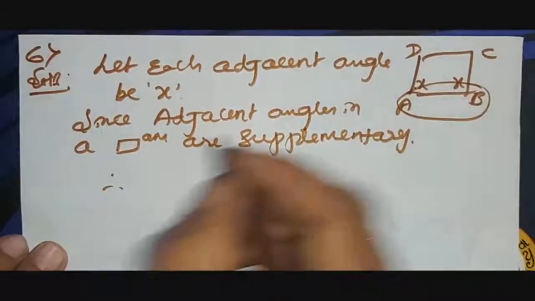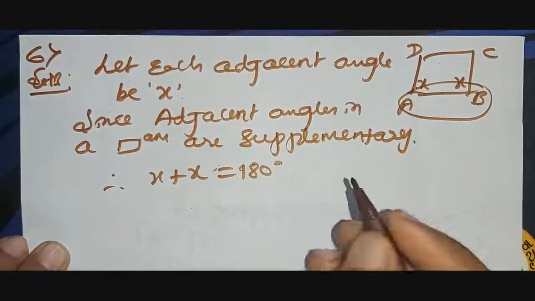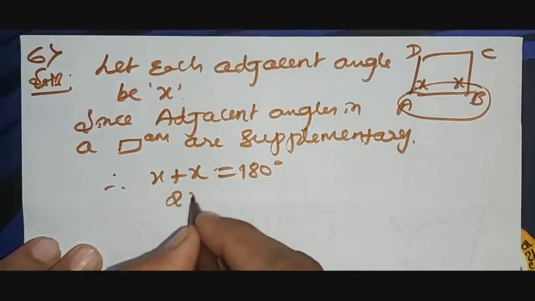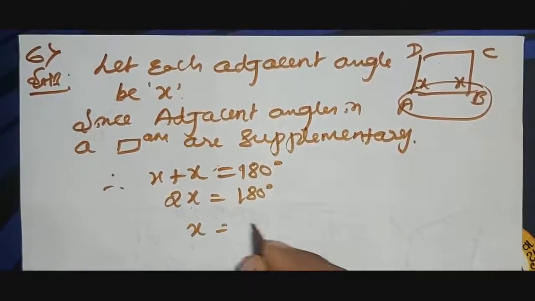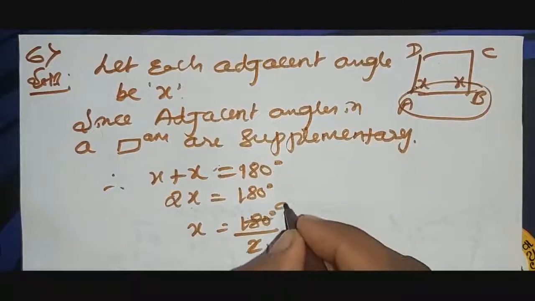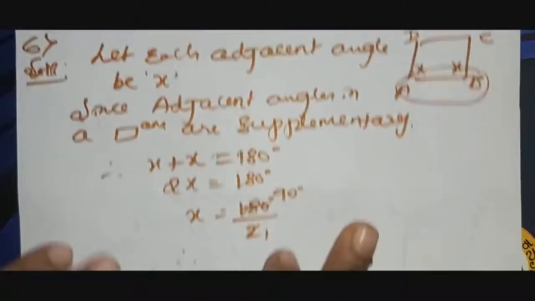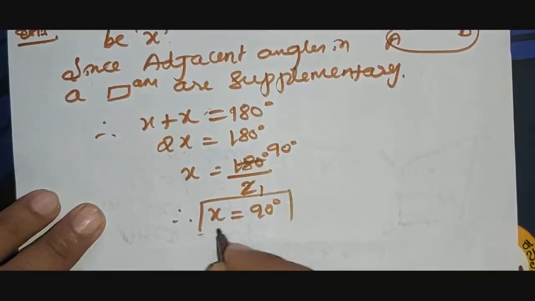Therefore, I will take it as x plus x is equal to 180 degrees. How many x? 2x is equal to 180 degrees. x is equal to 180 divided by 2. Two ones are two, two nines are eighteen. Therefore, x is equal to 90 degrees.